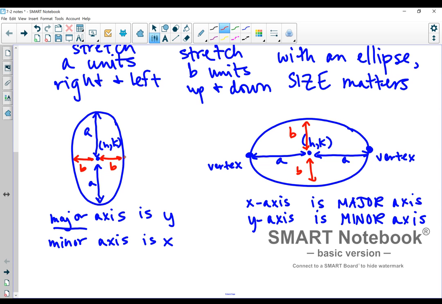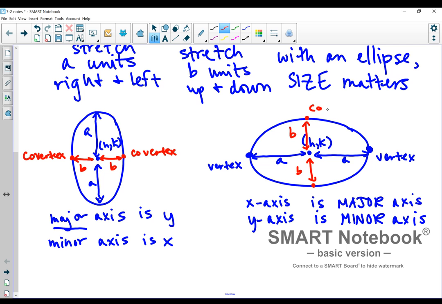The other thing that we should add is that our minor axis is our co-vertices. So this would be a co-vertex. Co-vertices would be plural when we talk about them together. I'm going to add that to the other one too.